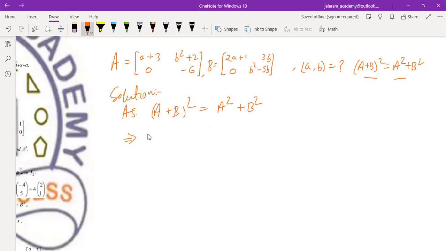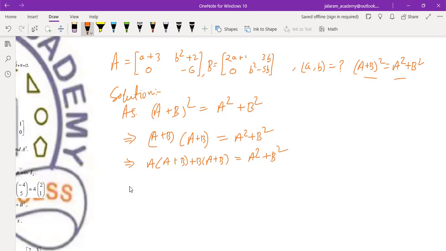So first of all we will expand this A plus B whole square using the properties of matrices. A plus B into A plus B equals to A square plus B square. It implies, using distributive property, A into A plus B plus B into A plus B equals to A square plus B square. Now we will open the bracket: A into A square plus AB.